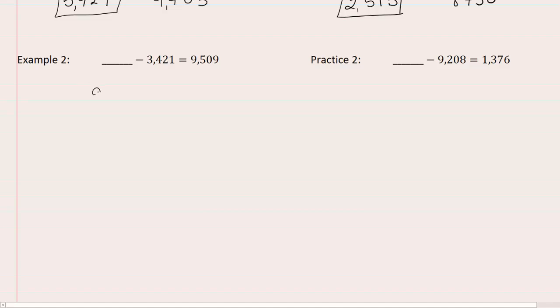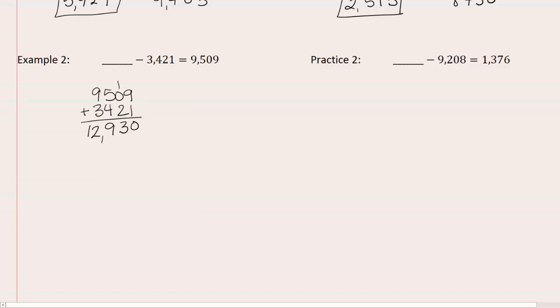So if I take my end number and I add to it the part I took away, that will get me back to my original number. So 9 plus 1 is 10, 1 plus 2, 3, 5 plus 4 is 9, 9 plus 3 is 12. So 12,930 should be my original number.